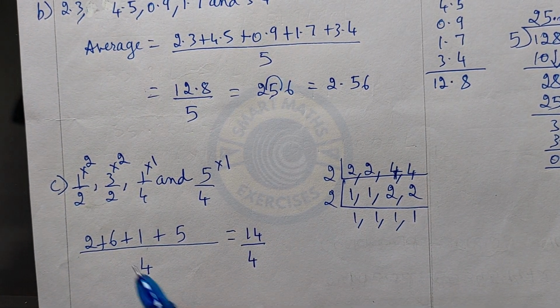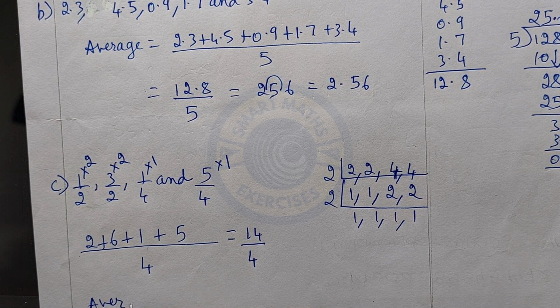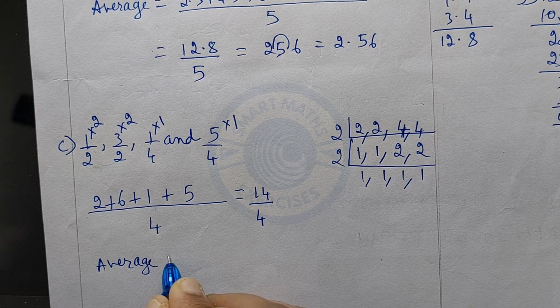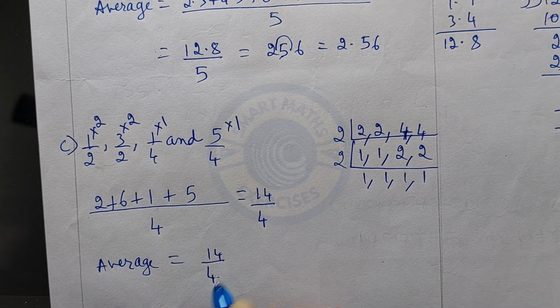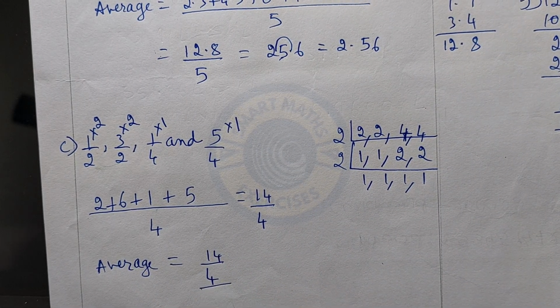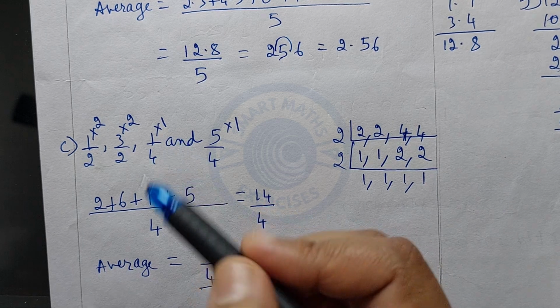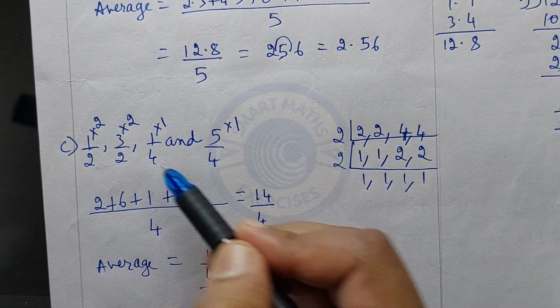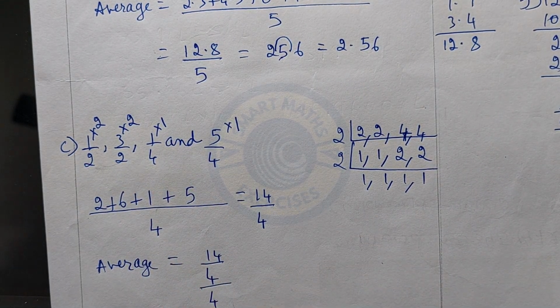Now we have to find the average. That is, average equals 14 by 4 divided by the total number of quantities: 1, 2, 3, 4. 4.